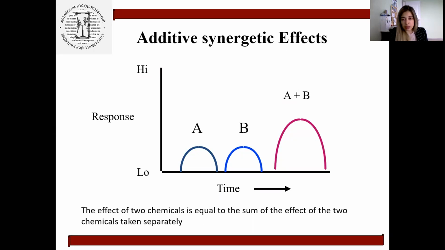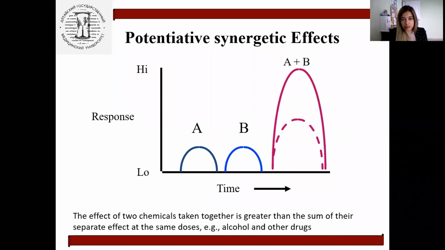What can also be here? We can have potentiative synergic effect. Potentiative, what does it mean? Here you can see, yes, if it was 5 and 5, but together it gives not 10 but 20, for example. That means they increase the effect of each other. The effect of two chemicals taken together is greater than the sum of their separate effects in the same doses.